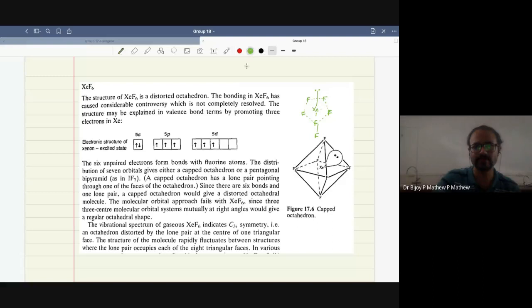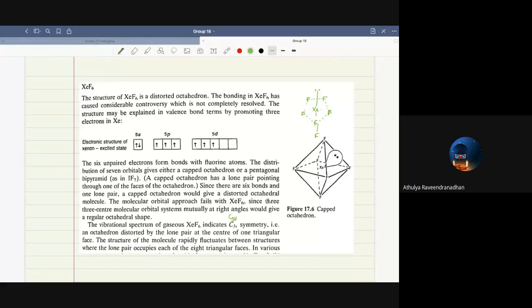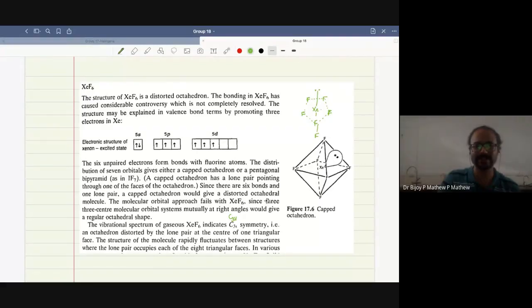Have you studied this point group C3v? Do you remember it? Have you heard of it? C3 you have studied, the proper axis C3. But C3v you have not studied, right? Probably not. I know, because I'm not teaching you group theory, so I don't know about it.